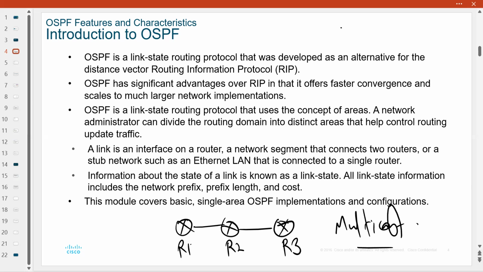That multicast is shared with every enabled router in the network. So instead of forming adjacencies with only one router, R1 communicates with R2 via multicast, and communicates with R3 via multicast. The same with R2, it communicates with these two via multicast.